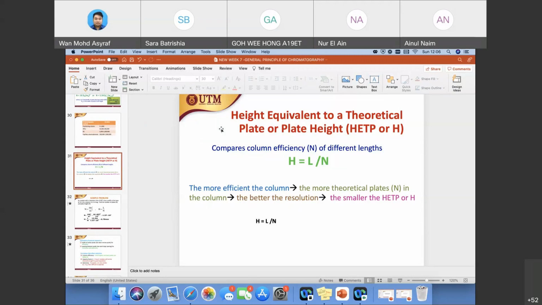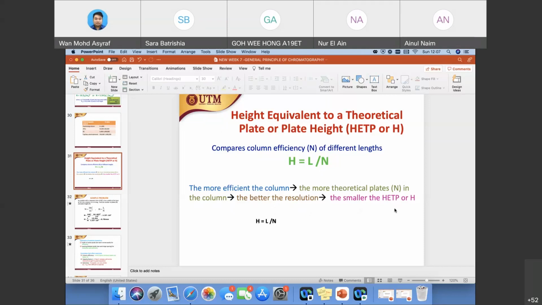Now we are going to look at the plate height, which is the efficiency at different lengths. Now you need to know the length of the column. So H equals L, which is the length, divided by N. The more efficient the column, the greater the number of theoretical plates, the better the resolution and the smaller the H. That's how you connect all the dots.